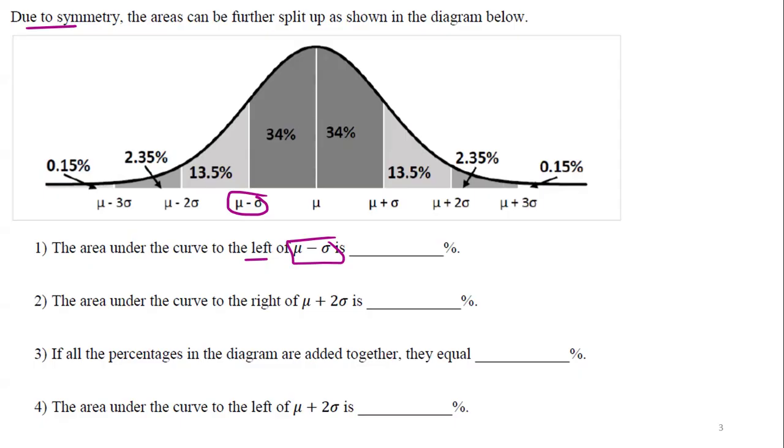If we were to shade this, we want everything to the left of it, so we add up all the areas to the left of here. That would be these three percentages. When we add those up, 0.15 plus 2.35 plus 13.5 gives us 16%.